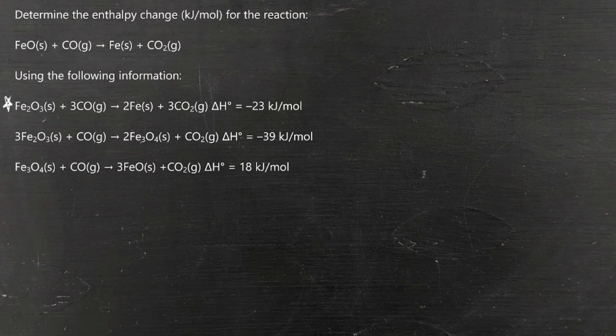So we need to do something to get rid of that. Luckily, the next reaction deals with Fe2O3, although it's on the wrong side of the reaction arrow. So we need to reverse this reaction. So we'll start by multiplying by a negative value. But which negative value should we use? Well, it deals with 3 Fe2O3, and the reaction above only has 1.